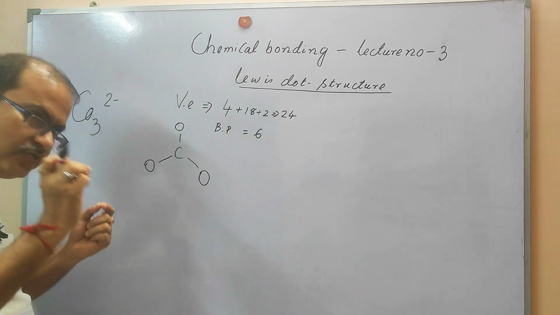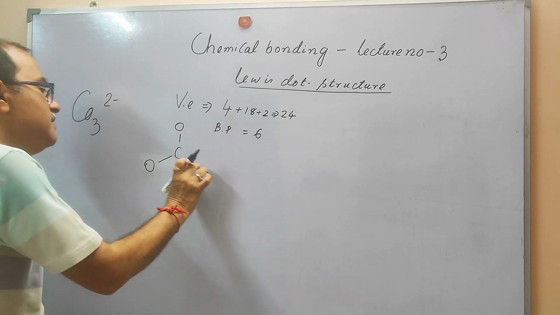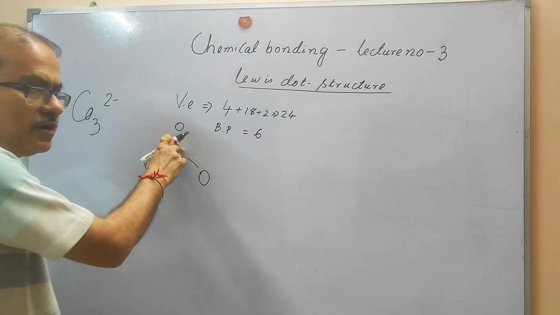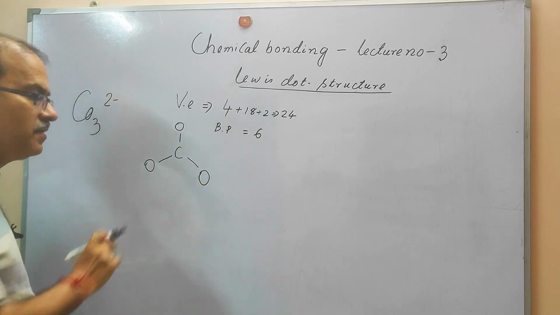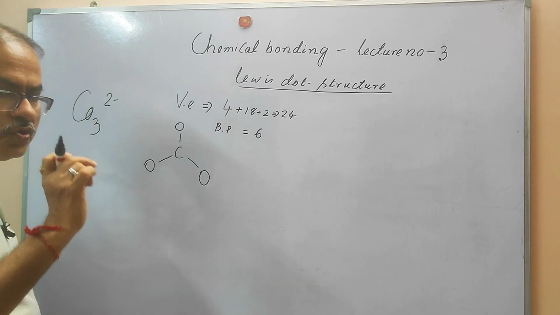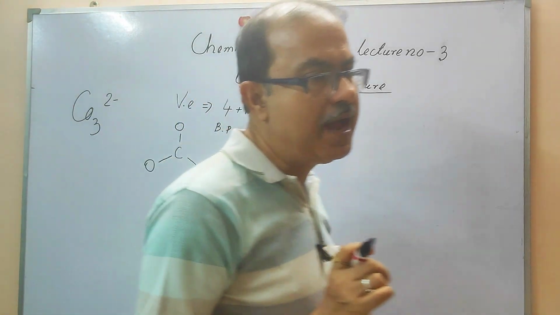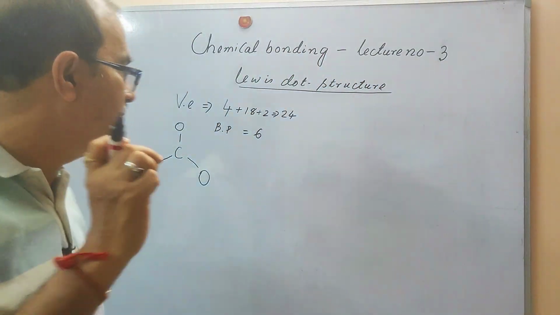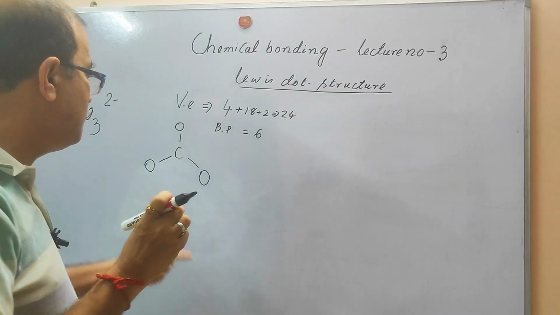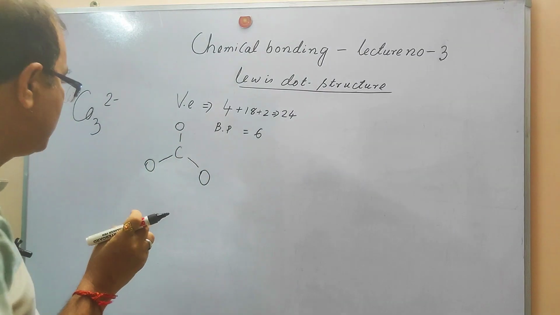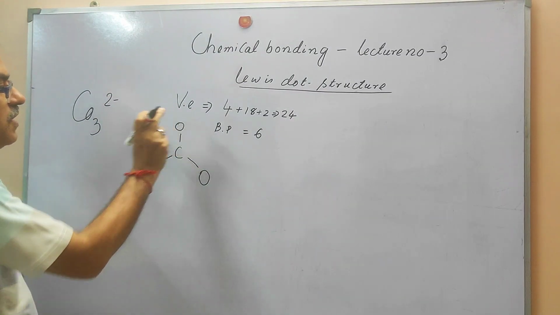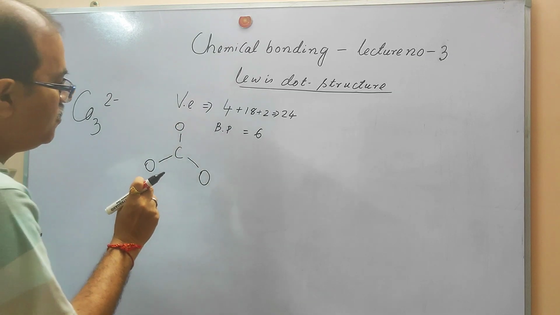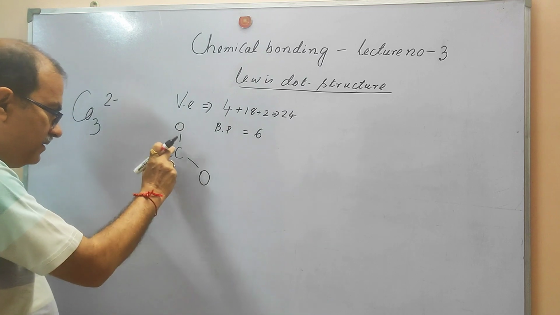First we will satisfy the octets of the peripheral atoms. Here this atom is called the central atom and these atoms are called peripheral atoms. When we construct the Lewis dot structure, the less electronegative element acts as the central atom, and the peripheral atoms are the oxygen atoms. Oxygen has higher electronegativity and carbon is less electronegative.